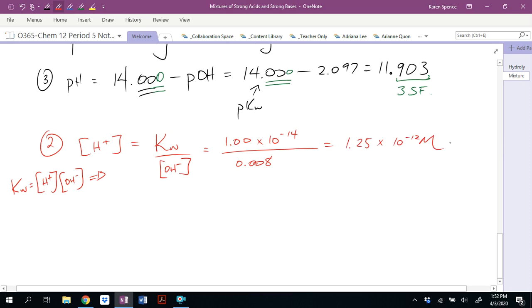Okay, and we're going to do a second one here, or second step rather, and that molarity that we just calculated was molar H plus.